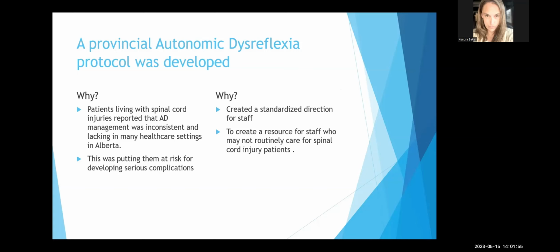So we created a standardized direction for staff so that if you come to Calgary or Edmonton or Lethbridge or any of the smaller centers, your care for the patient with a spinal cord injury experiencing autonomic dysreflexia will be the same no matter where they go. This is also created as a resource for staff who maybe don't see very many patients with spinal cord injuries, or for staff who are really unfamiliar with autonomic dysreflexia. So there is one source of truth for those healthcare providers. Can I get the next slide, please?